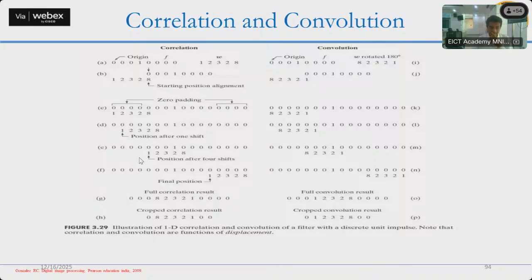So what we are saying here, see 1D relation and 2D. How are we able to see this relation? In 1D, for example, here it has been shown for correlation that the origin is there, first it has been shifted here.